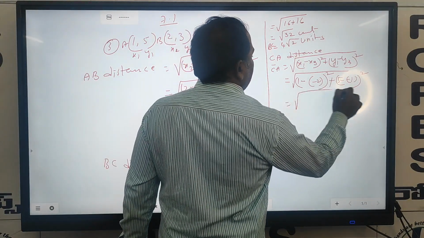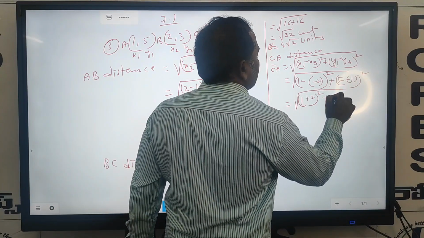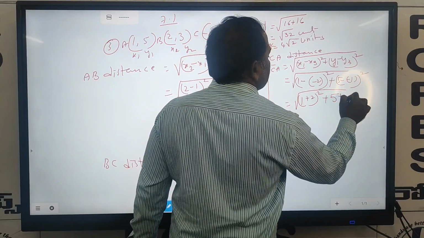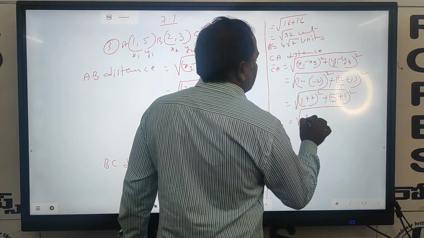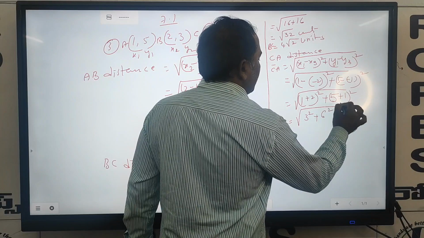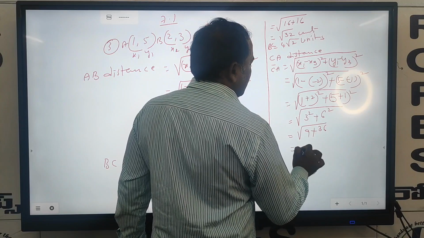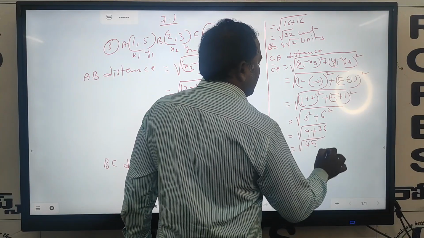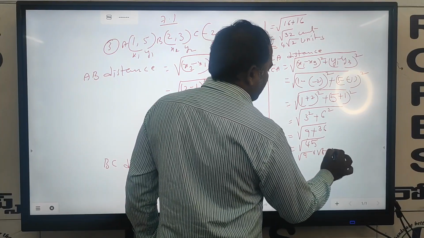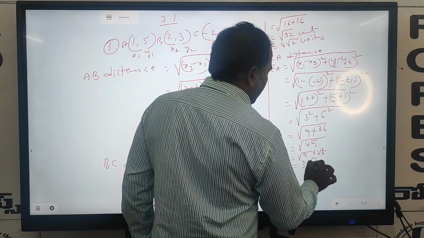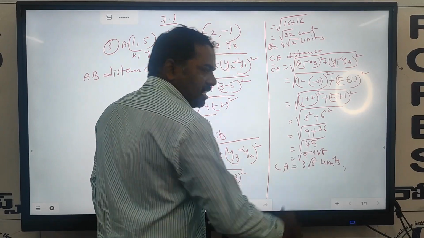That is (1 plus 2) square, 3 square, plus (5 plus 1) square, 6 square. 3 square is 9 and 6 square is 36, so 36 plus 9 is 45. We can write this as root 9 into root 5, so 3 root 5 units. This is the CA distance.